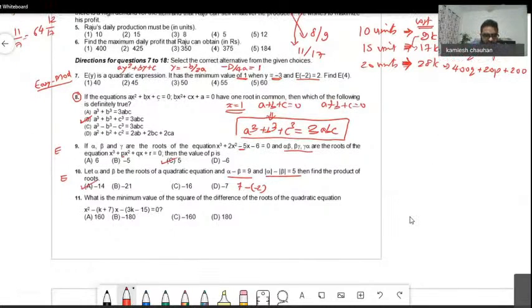Question number E, minimum value of square of differences of this root. Square of differences, so this is something we are supposed to find. You can use b by a, or alternatively, if you don't remember this, either of these two you can use.